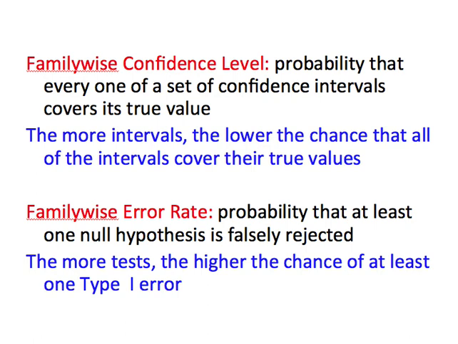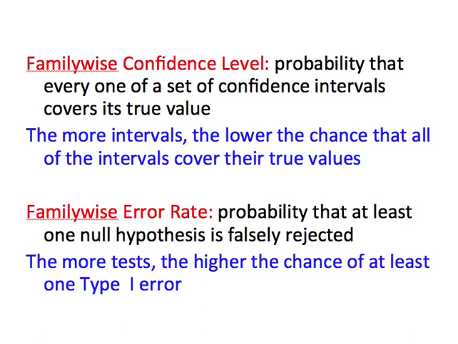So what we can set as our goal is to have a 95% probability that all of the intervals cover their true values. The more intervals we have, the lower the chance they'll all cover their true values. So we're going to have to work pretty hard to make sure that they all will cover their true values with a probability of 0.95.